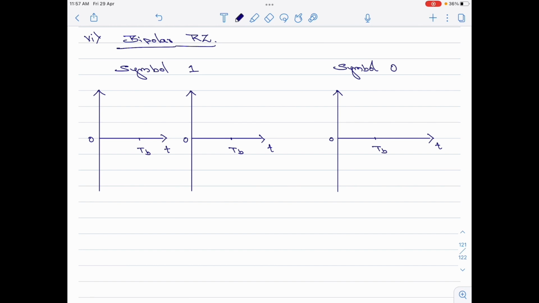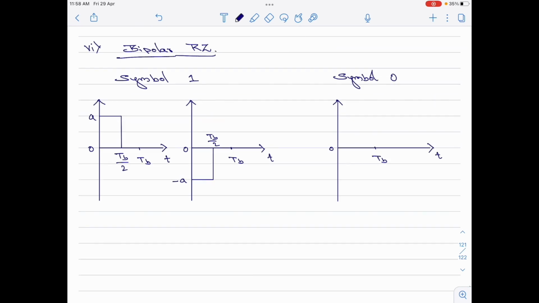So, the first time a bit 1 appears, we represent it with a positive pulse of duration TB by 2 and amplitude plus A. And the next time a bit 1 appears, it is represented by a pulse of duration TB by 2 but amplitude minus A. Symbol 0 is once again represented with no transmission for a duration of 1 TB. This is bipolar return to 0 signaling scheme.